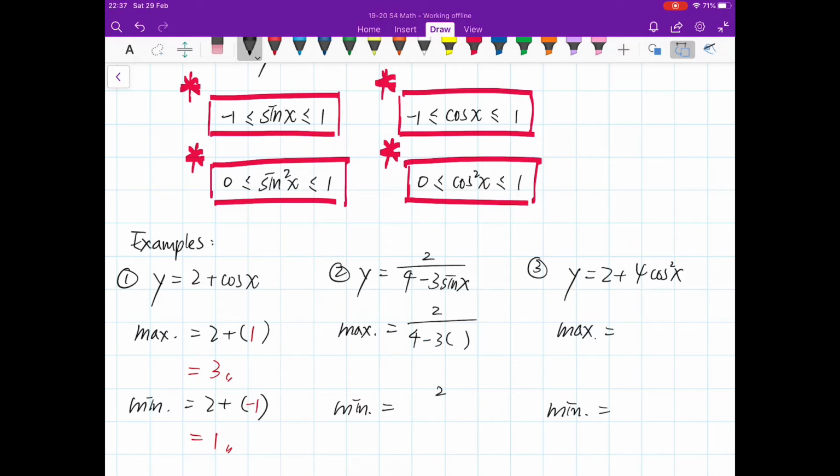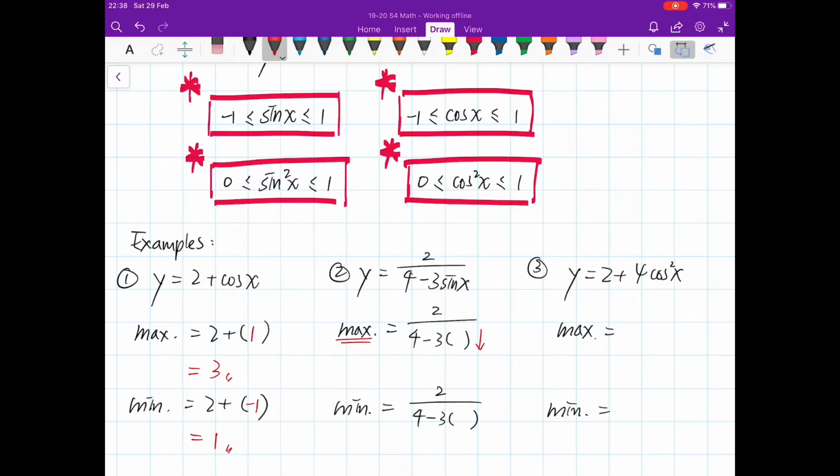Okay? That means, similar to the previous one, we have to substitute a number in sin x in order to find the maximum and the minimum. Okay? So as you can see, when we are calculating the maximum value in a fraction, that means we try to make the denominator smaller.